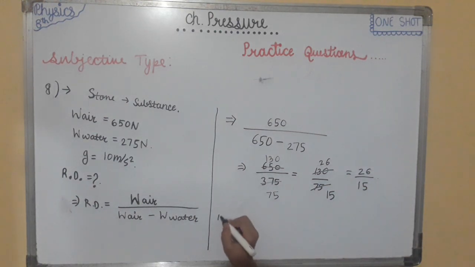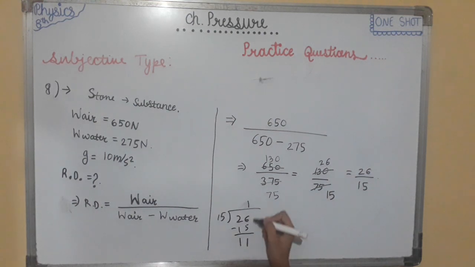And if we divide 26 by 15, 15 ones are 15. Remainder will be 11. Here point 0, 7 15s are 105.